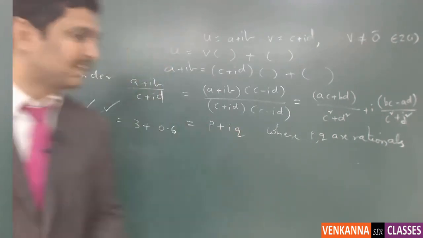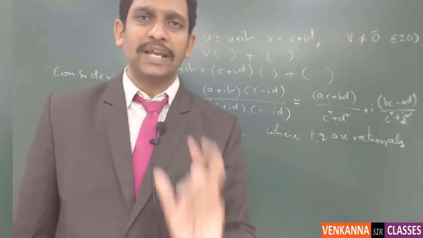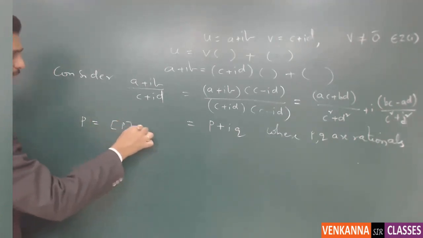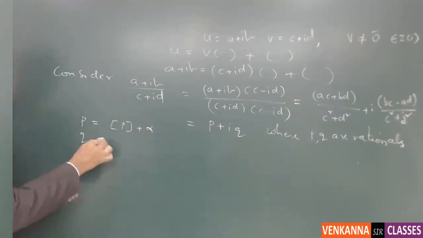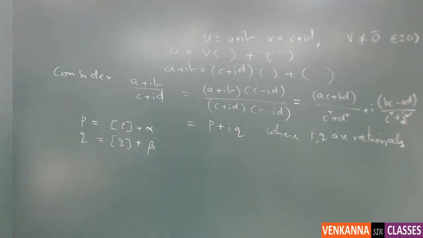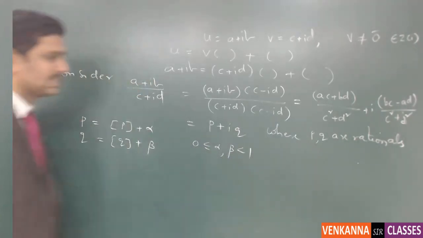Now I will write some calculation part. You simply observe, and you can verify it by taking numbers. You can write P = integer part of P plus alpha, and Q = integer part of Q plus beta, right? And we define that the values of these fractional parts are less than 1.